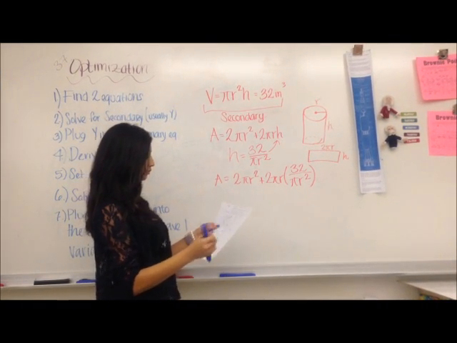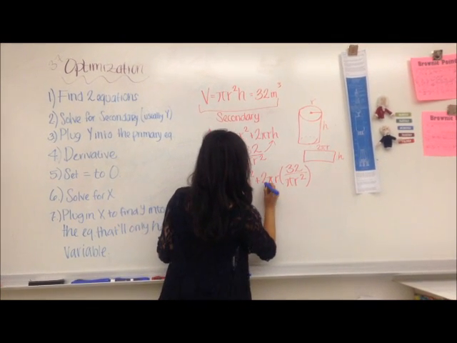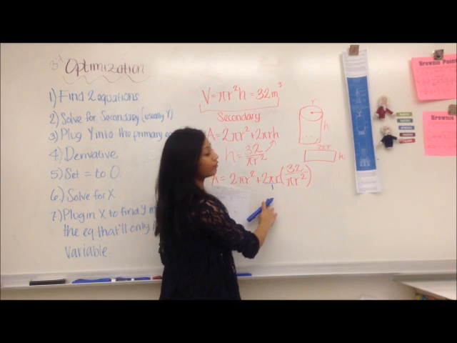Now, we can cross off and simplify. So this is the same as saying 2 pi r over 1.